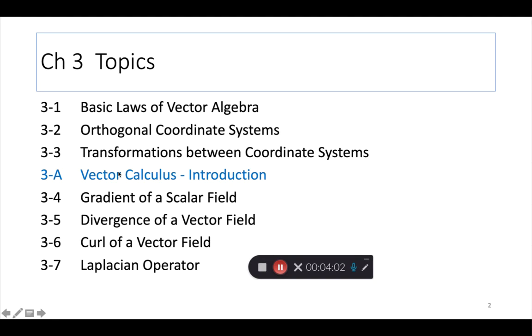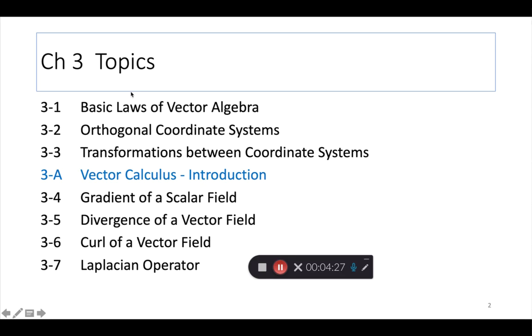Now, our textbook does have material on vector calculus that they kind of go right into, but I felt before we do that we need at least a 10-minute review of what's the basic material of vector calculus. So I want to spend some time doing that.